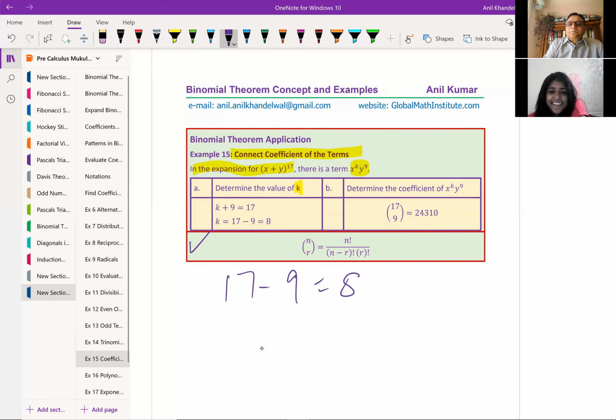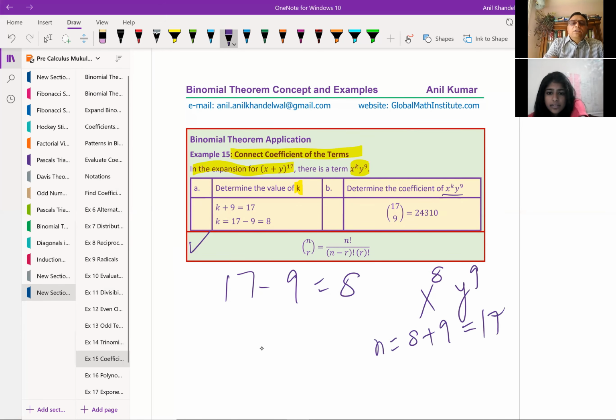Next part. Determine the coefficient of x to the power of k and y to the power of 9. Okay, so n equals 17, r equals 9. Because you know 8 is there, you already know 8, and n is 8 plus 9, which is 17.